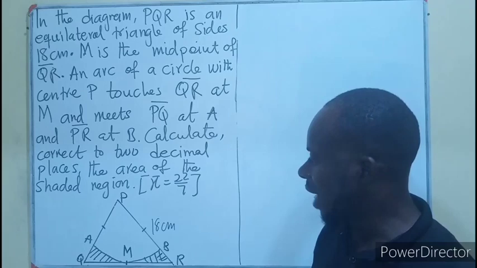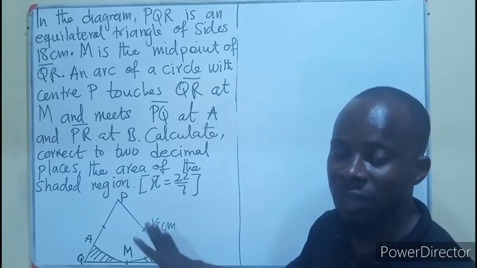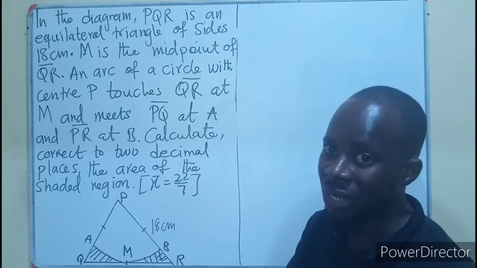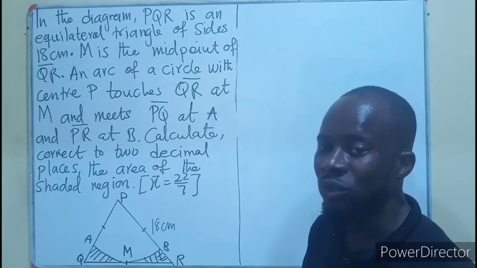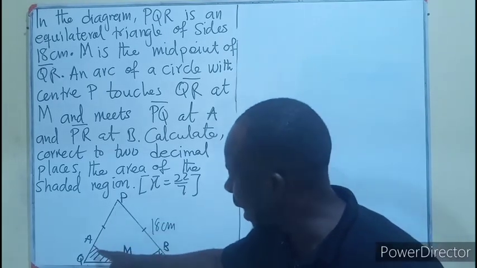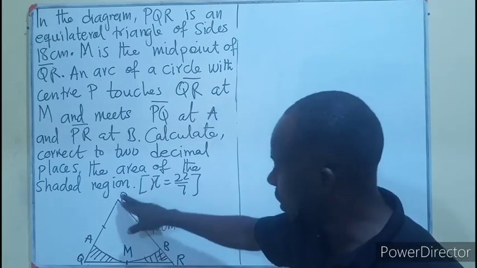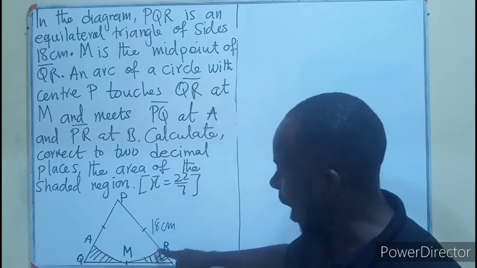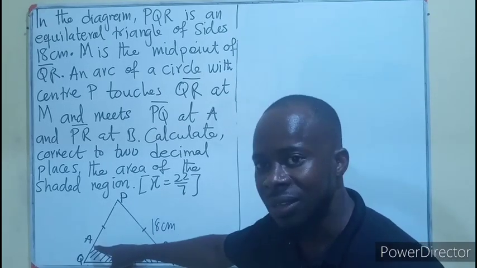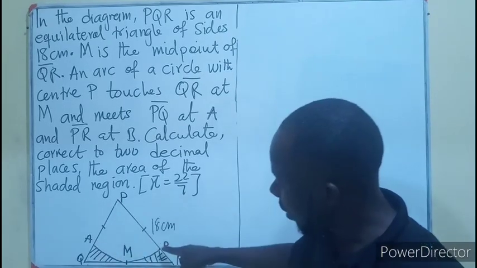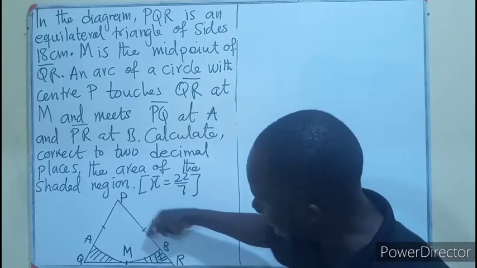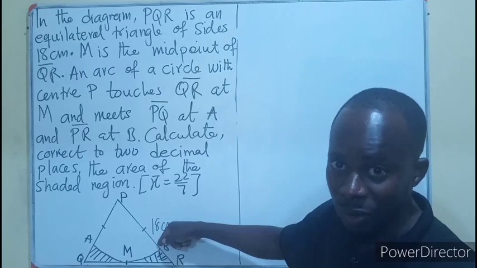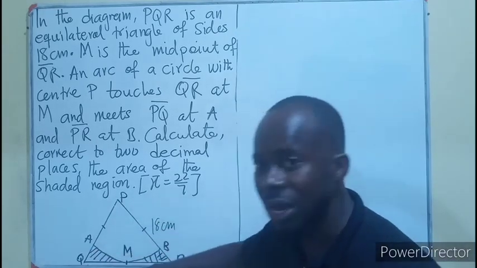Right, so we can see that this is made up of 2 separate diagrams. The first one is an equilateral triangle. The second one is going to be the sector. So we mentioned this as a circle, so the circle has an arc. From here to here is going to be the radius, and from here to here will also be the radius.